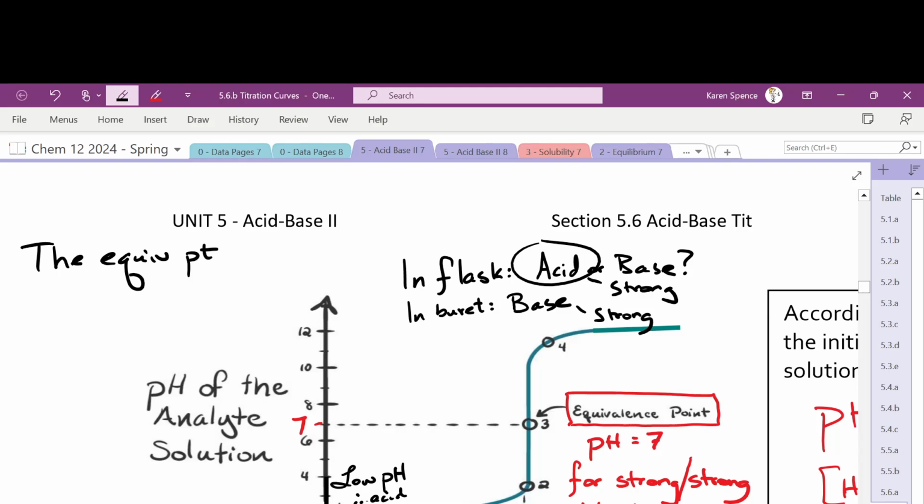How do you know what volume the equivalence point occurs at? Chat with your neighbor.